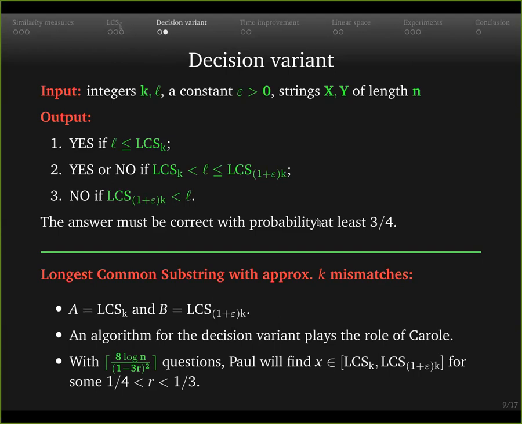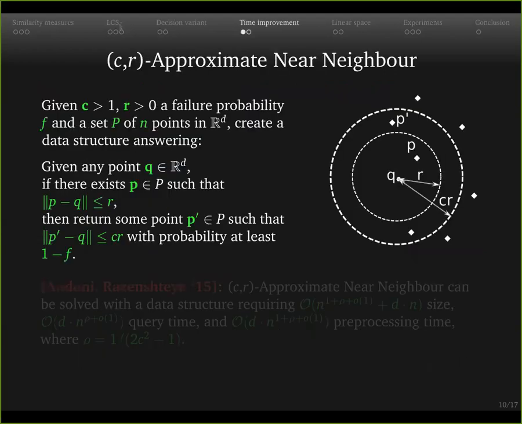So now I'll present the main idea of how we get the time improvement result, and this is via another problem, which is the approximate near neighbor, where you give yourself C that is above 1, R that is strictly positive, and a failure probability F, a set of points P in D dimension.